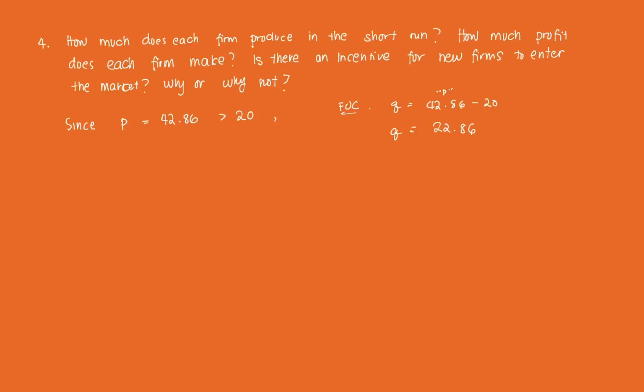Then how much profit does each firm make? Well, we know that profit is just equal to revenue minus your short run cost. So that's equal to P times Q minus your short run cost.